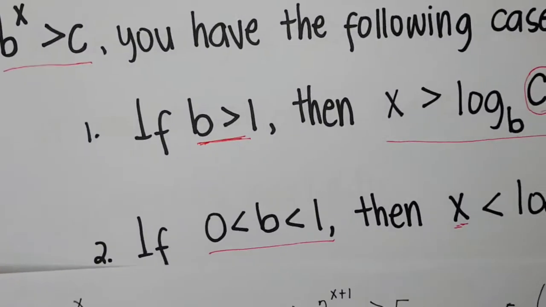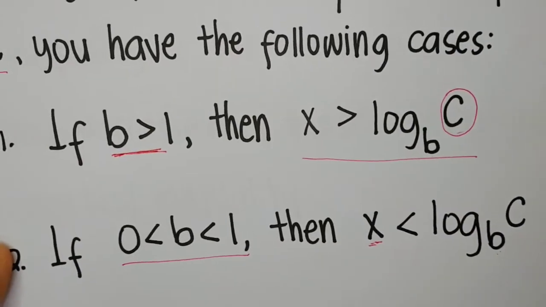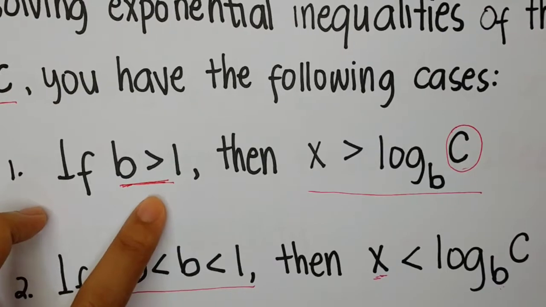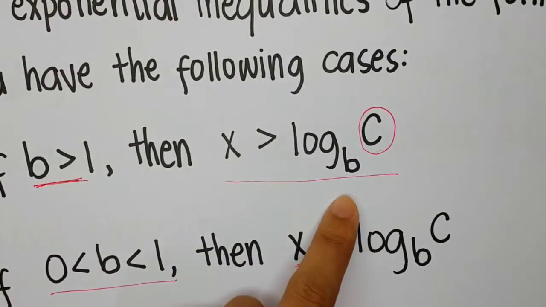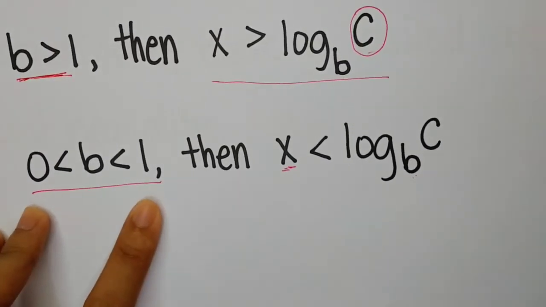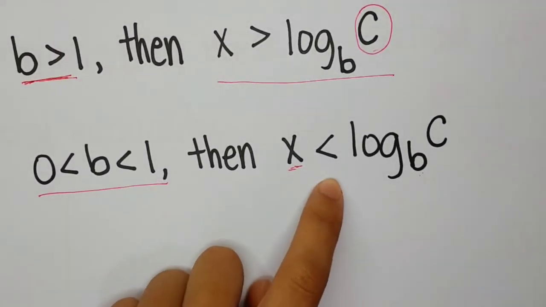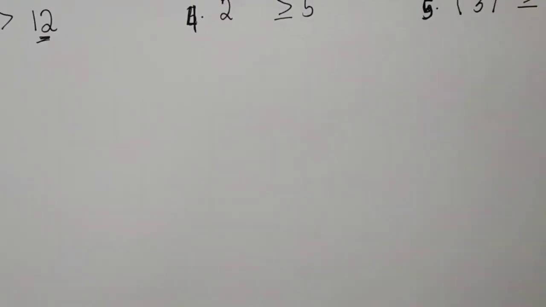Again, na nakasabi dito, if yung b is greater than 1, then we will follow x is greater than log c to the base b. And if in between 0 to 1 yung b natin, that will be x is less than log c to the base b.